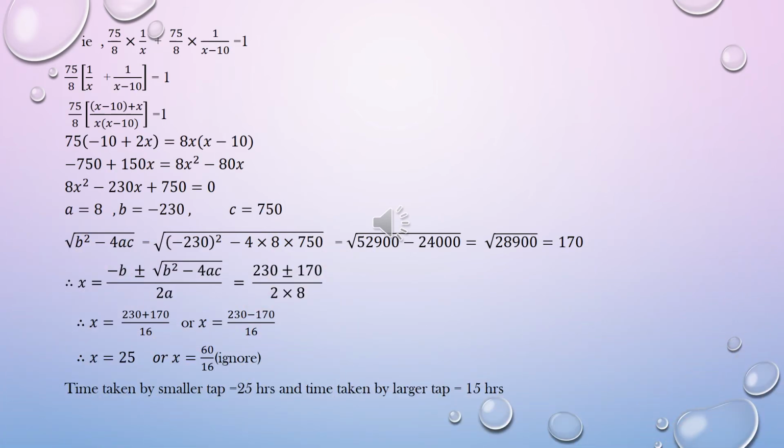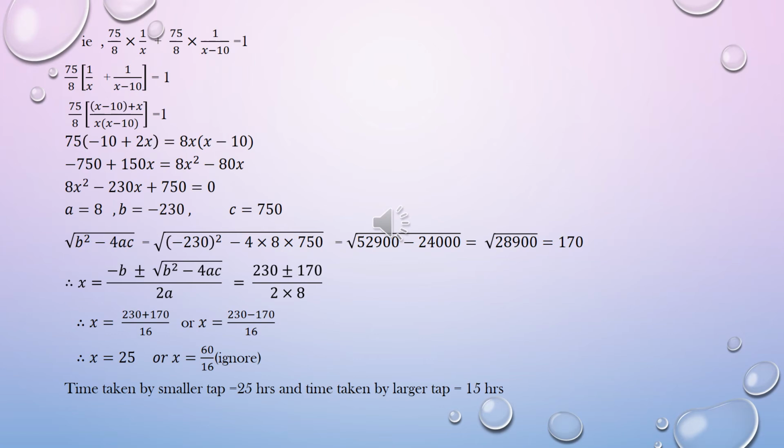As the tank is filled, it is considered as 1 by both the taps. Taking 75 by 8 as common, we have 75 by 8 into 1 by x plus 1 by x minus 10 equal to 1. Cross multiplying within the bracket, we have 75 by 8 into x minus 10 plus x by x into x minus 10 equal to 1.